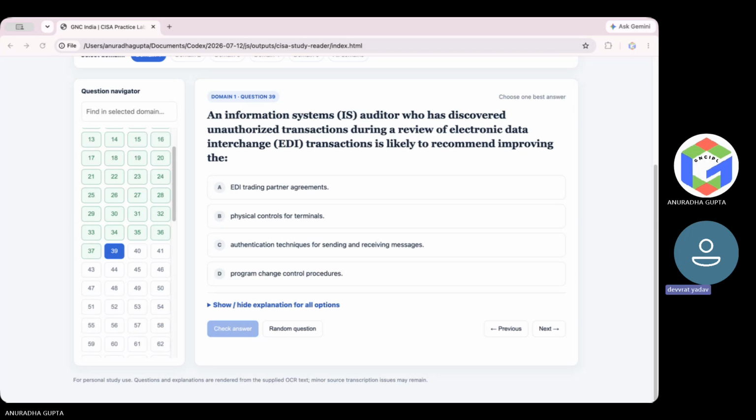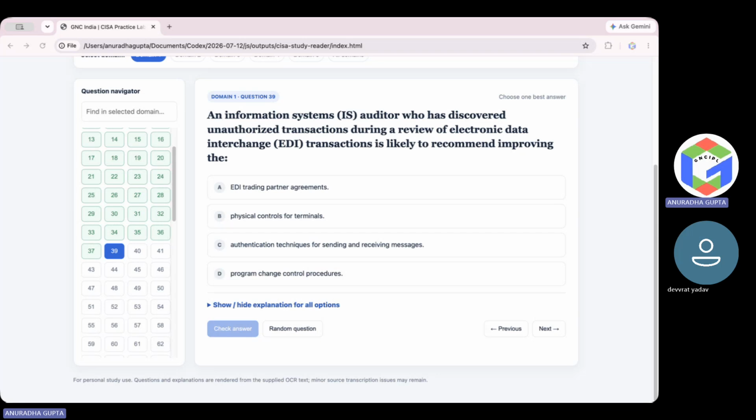C is more relevant, more accurate. The question is: an IS auditor who has discovered unauthorized transaction during a review of an electronic data interchange transaction is likely to recommend improving the EDI trading partner agreement.